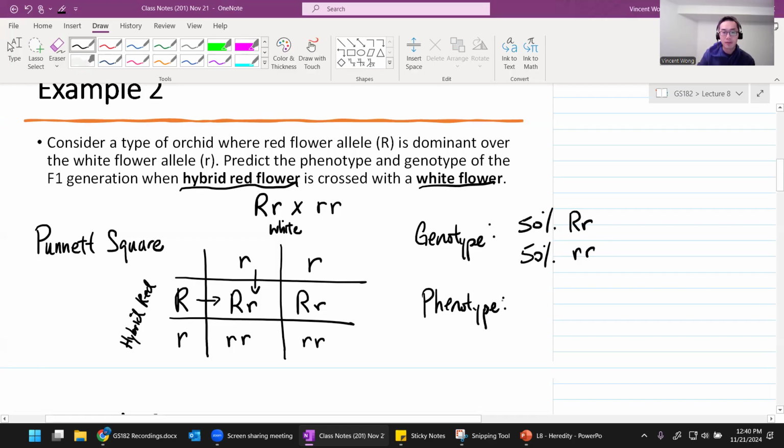In terms of phenotype, big R, small r is red, and then small r, that's white. So sometimes the percentages for genotype and phenotype are the same, but not always the case. It depends on the question, really. So that's how you do it, okay?